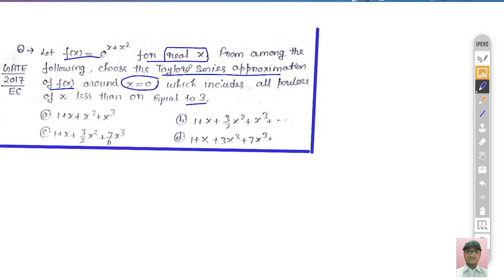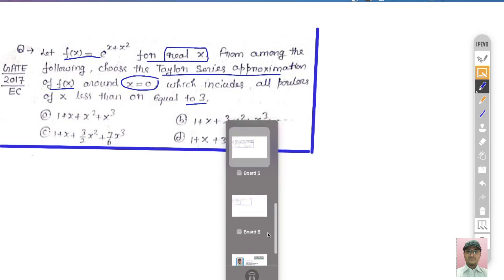Now try to understand, we have seen what the Taylor series expansion is, we know the formula, but here it talks about expansion around x equal to 0. So what I just showed you, this is basically the Maclaurin series, right? We have seen it just in the first slide.